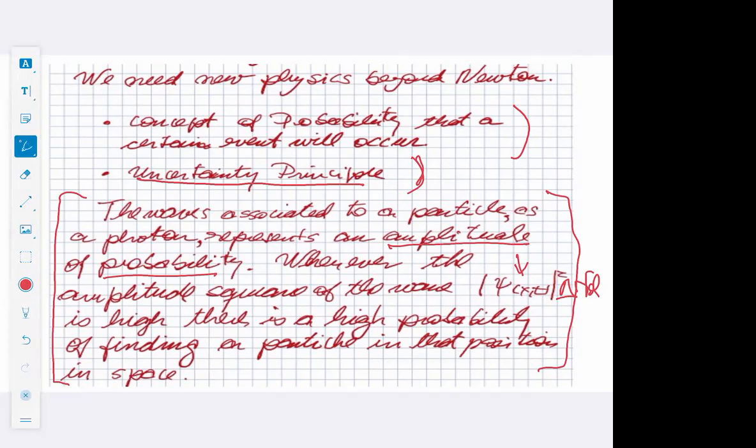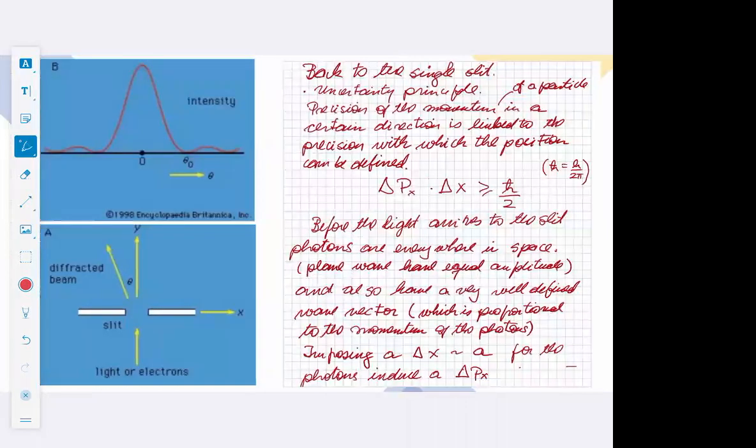This is the first aspect which is different, and the second has to do with the uncertainty principle. I'm going to try to convince you that the uncertainty principle is actually what provides the basis to describe the diffraction experiment for the particle.